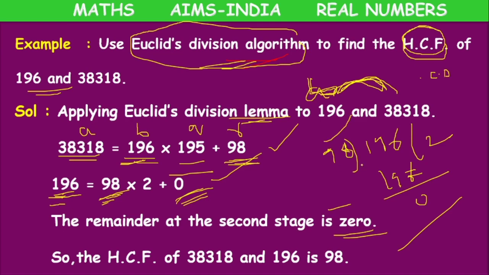When the divisor is 98, at that time we got the remainder 0. So the HCF of the given numbers is 98. Like that, we can find HCF by using Euclid's division algorithm. Okay, let's see one more example.